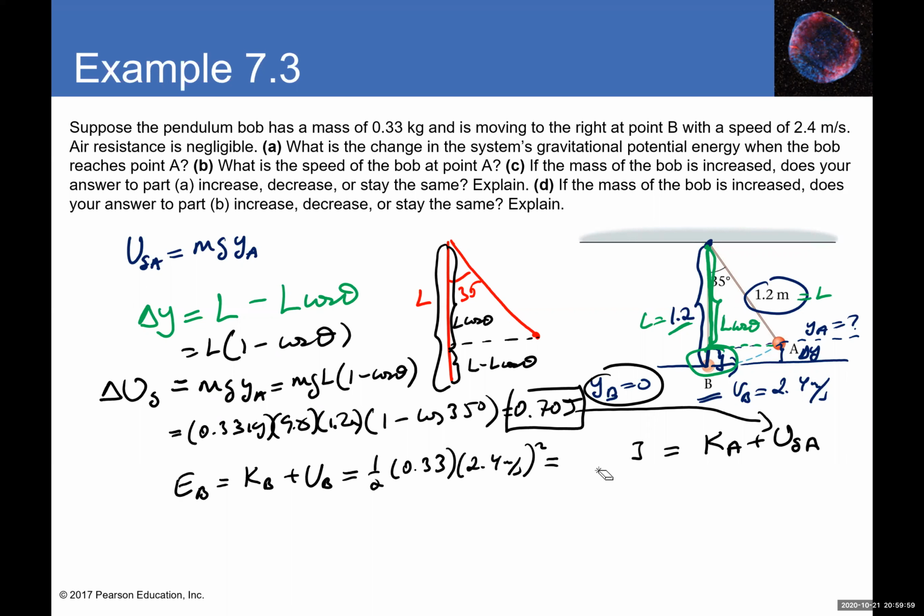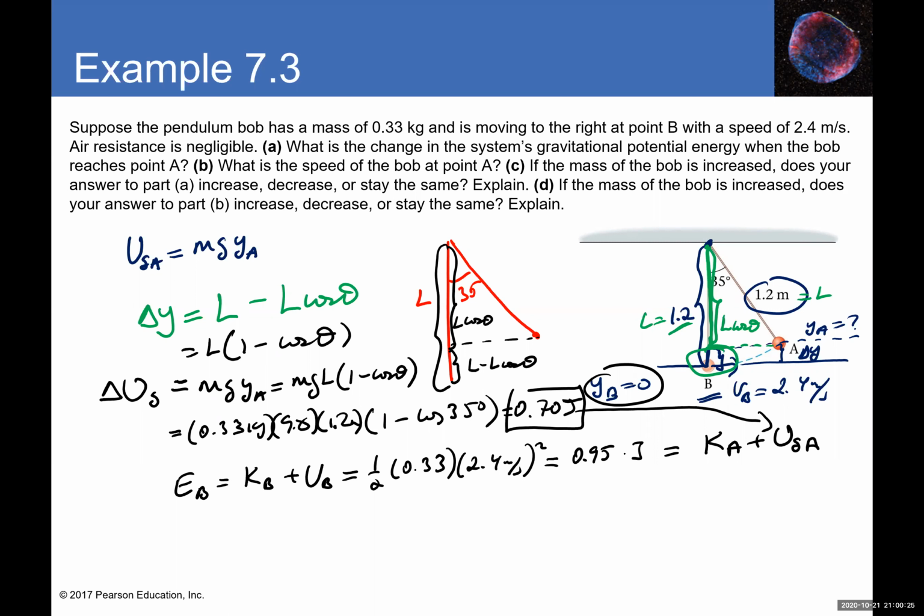All right, so let's do that. So it's 0.5 times 0.33 times 2.4 squared. So I get 0.95 joules, as you can see, right?